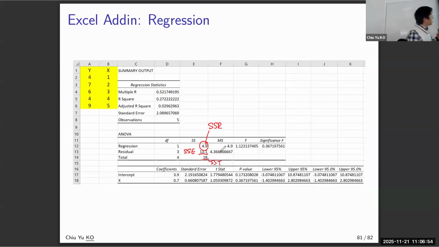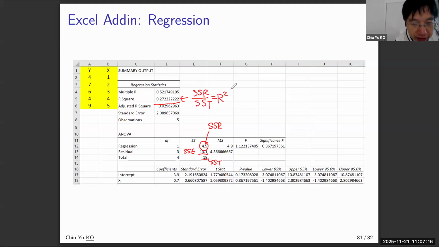So you can see SSR plus SSE is equal to SST, right? And second, if you divide SSR over SST, you get R square, right? This is SSR over SST, right? This is R square.